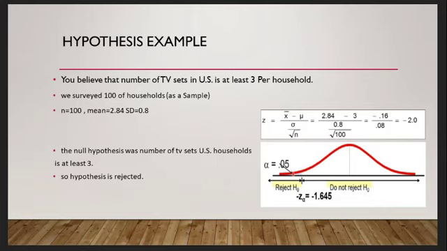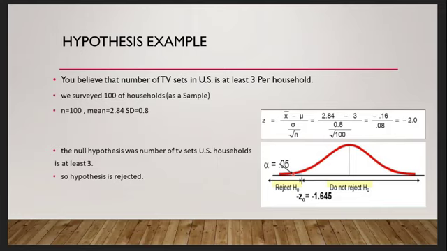So n equals 100, mean 2.84, standard deviation 0.8. Yes, we surveyed a hundred households and the average number of TV sets is 2.84 and the standard deviation is 0.8.